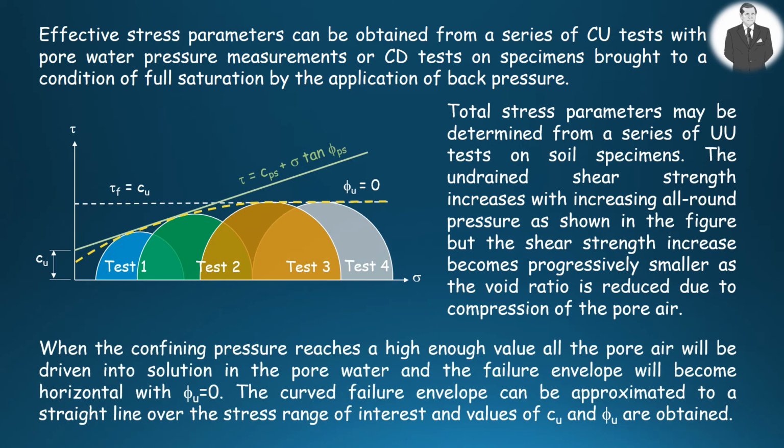Now, when the confining pressure attains a high enough value, all the pore air will be forced into solution in the pore water and the failure envelope becomes horizontal with phi = 0. The curved failure envelope can be approximated to a straight line as illustrated in the figure, for the stress range of interest, and values of c_u and phi_u are obtained.